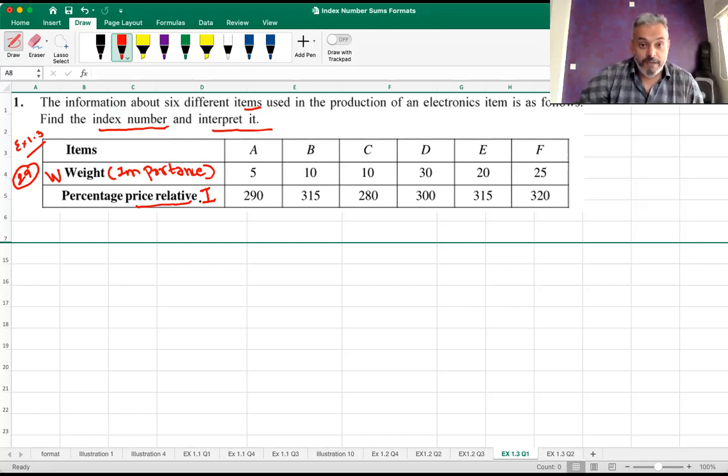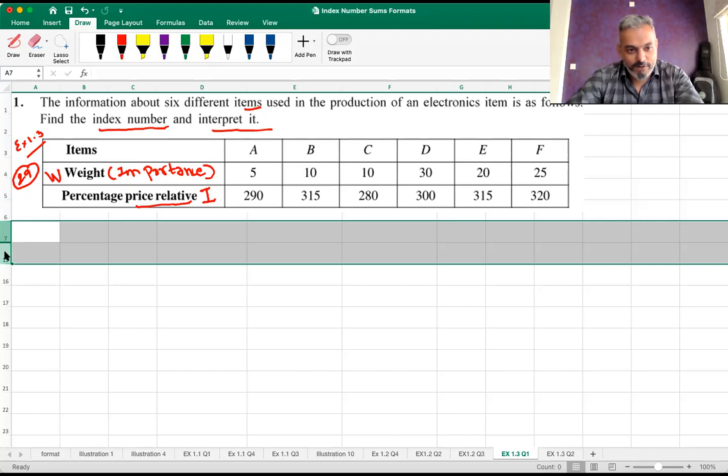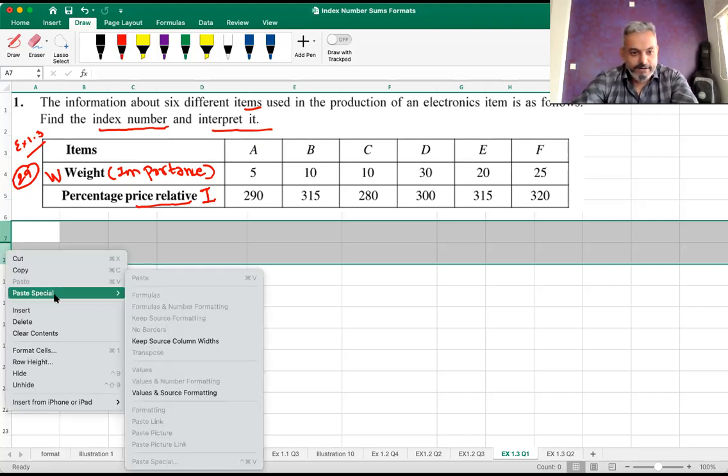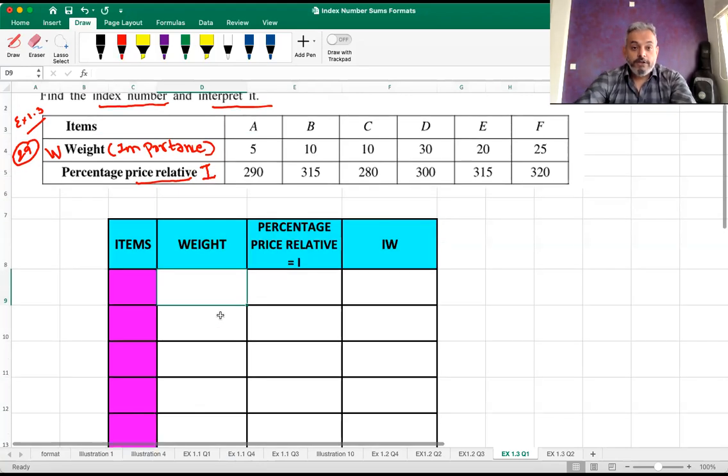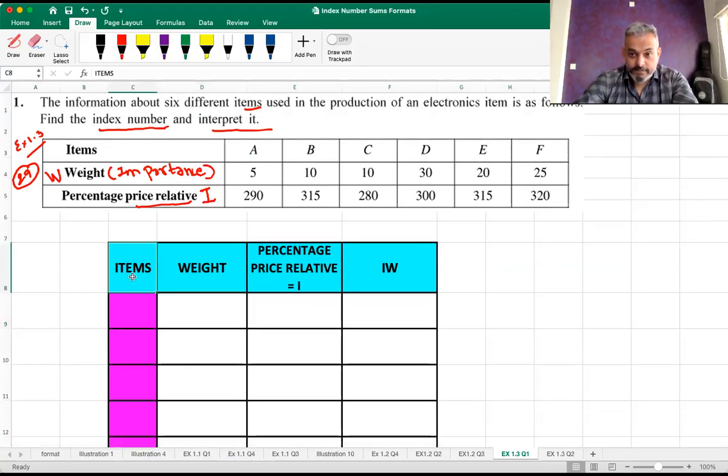So I is already given, so let's make the format. Sorry, not the formula. I'm already ready with the format. You also start making it. Here the columns will be items, weight, and percentage price relative, which is equal to I, index.